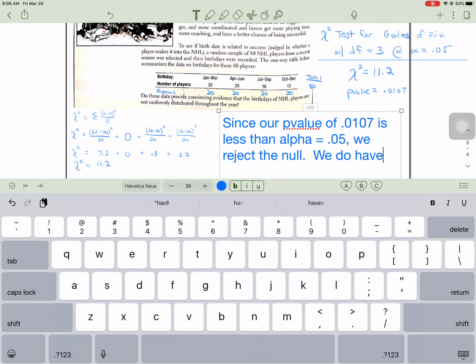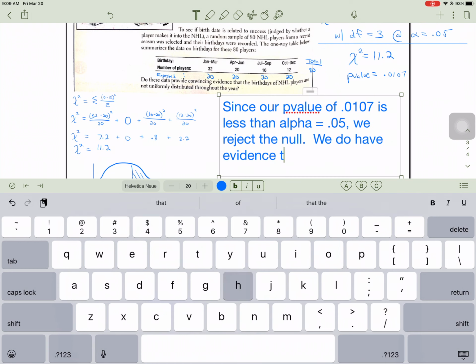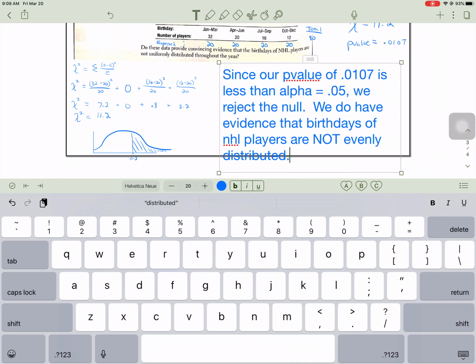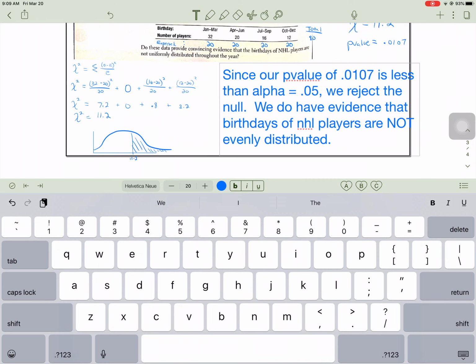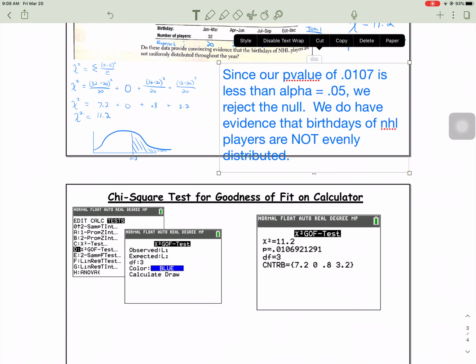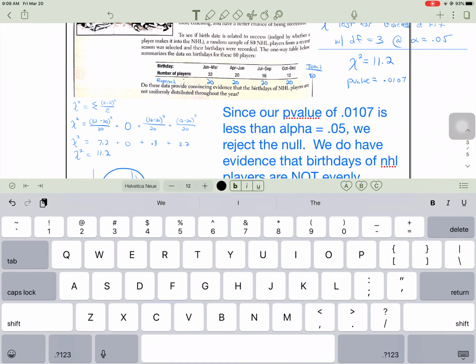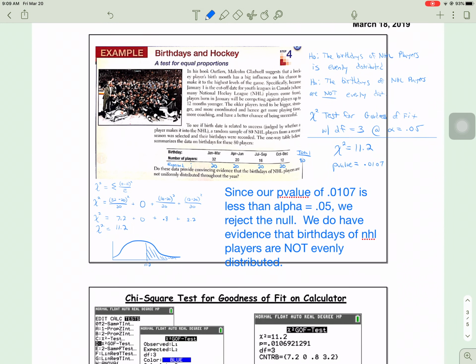We do have evidence that birthdays of NHL players are not evenly distributed. There you go. So that is an example of a chi-square test for goodness of fit.